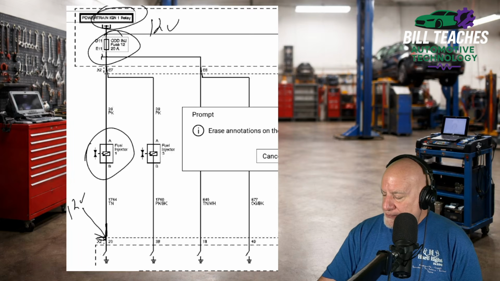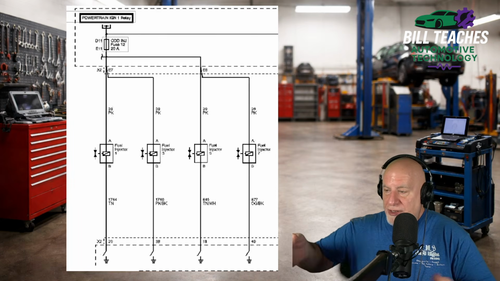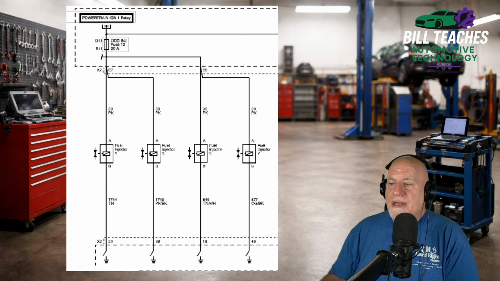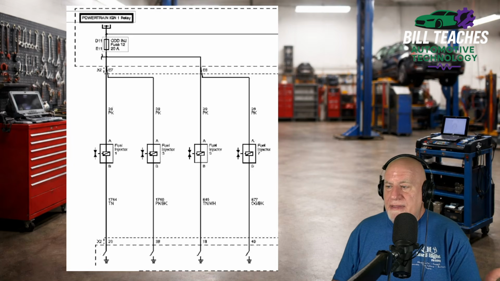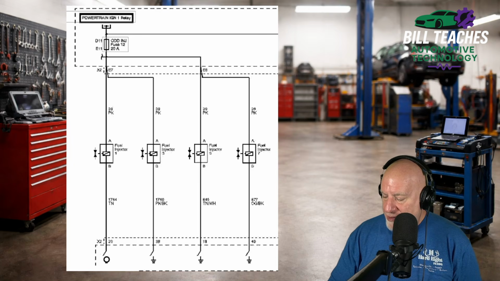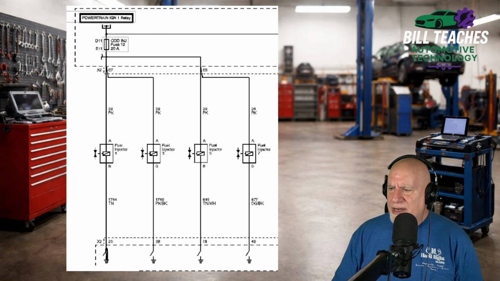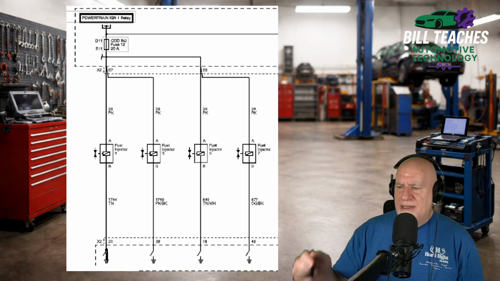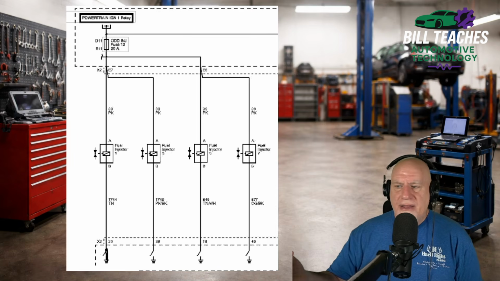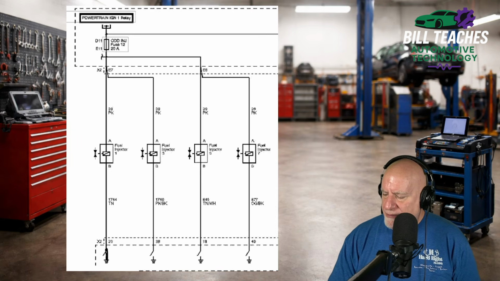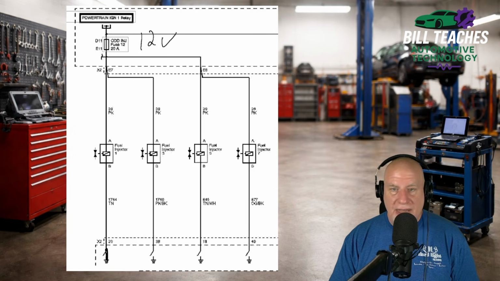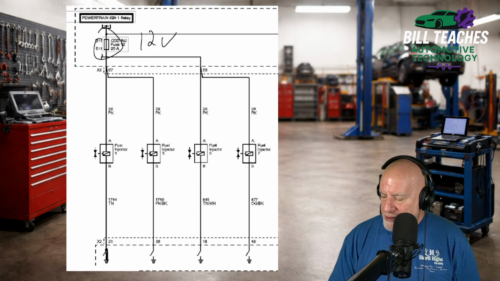So that's the circuit as it is drawn right now. So what happens when the ECM grounds the injector? Right here at the very bottom on injector number 1, I went ahead and completed the path to ground. So now we've still got our 12 volts coming from the ignition 1 relay through the fuse up to the fuel injector.